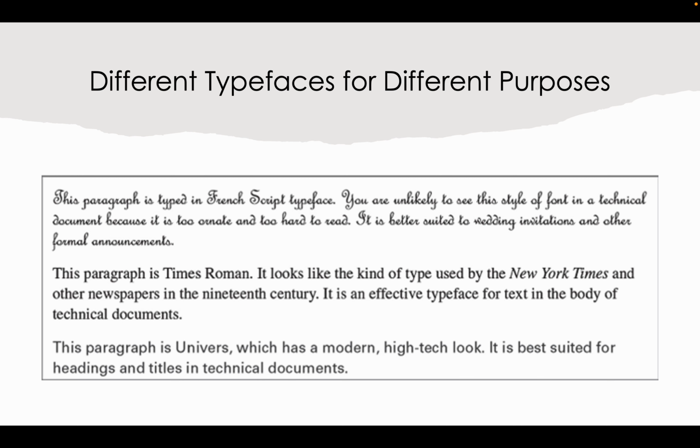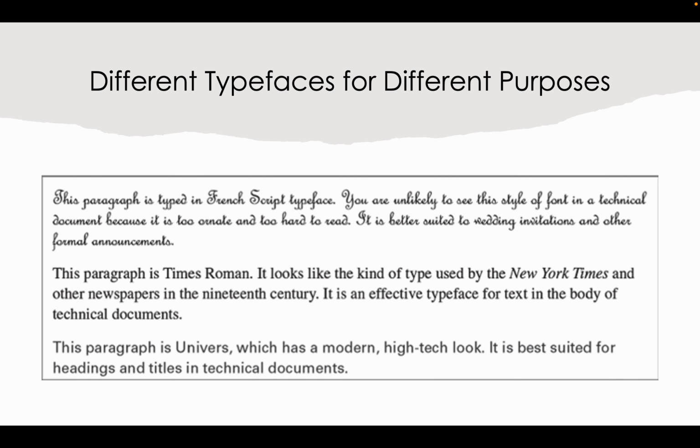So different types of typefaces serve different purposes. There are 3 typefaces or fonts right here on this screen. The first one, French script. You're not going to see this in a technical document. It's too ornate and it's too difficult to read, but maybe you'll see it in like a wedding invitation or a formal announcement, something like that.